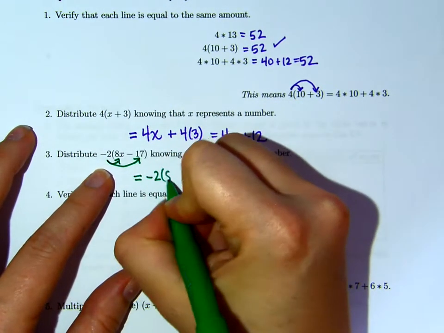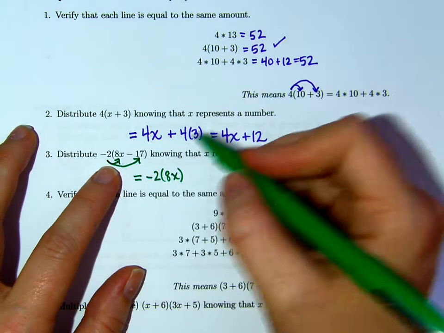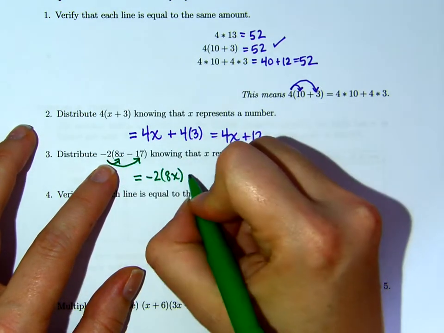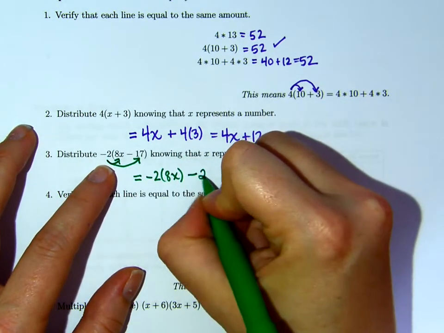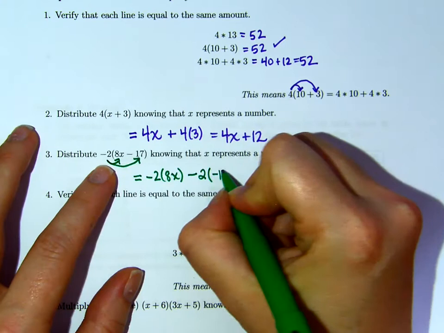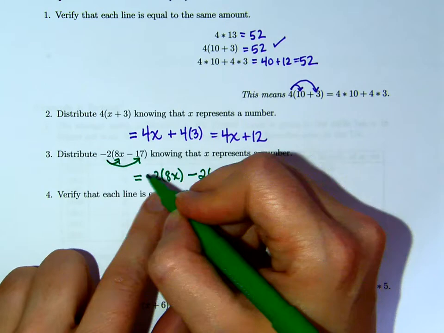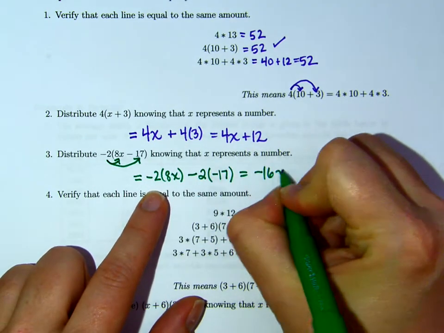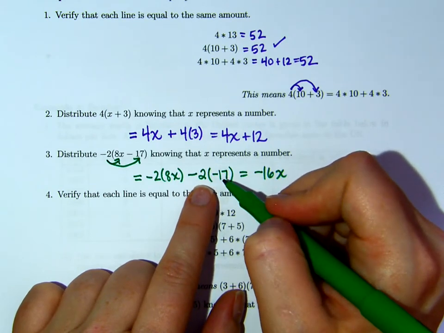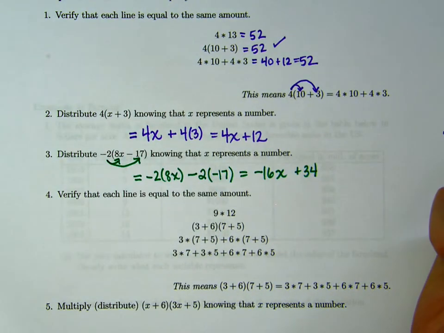So -2 sets of 8x's: 2 sets of 8x's, opposite that, and 2 sets of -17, opposite that. 2 sets of 8x's is 16x's, take the opposite. And 2 sets of -17 is -34, take the opposite. So plus 34. Got it.